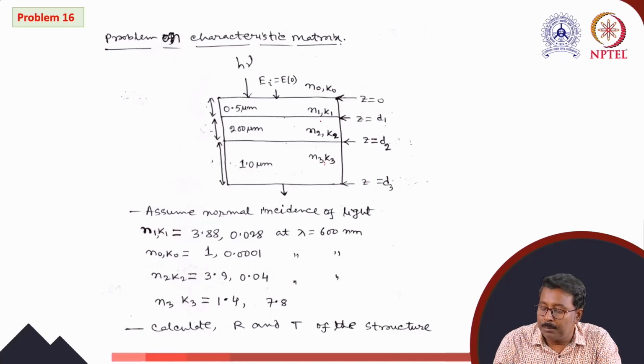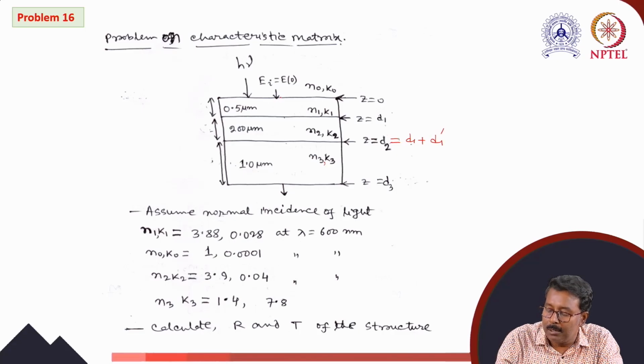If the thickness of this layer is D1, this coordinate will be D1 directly. But if the thickness of the second layer is D1 dash, then the coordinate of the interface between the second and third layer will be z equal to D2, that is D1 plus D1 dash.